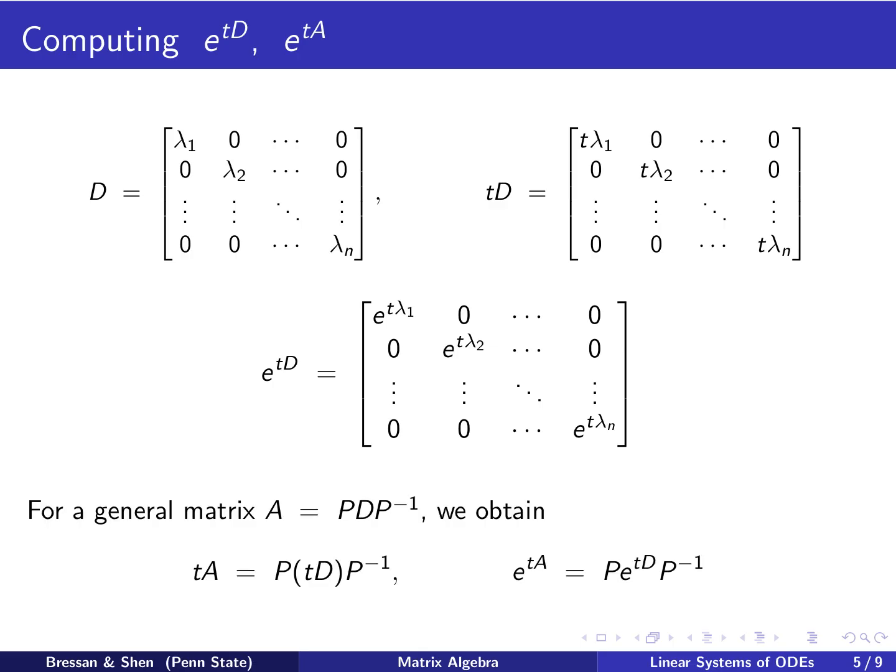Similarly for a general matrix A, which can be written like this, tA would be P times tD times P inverse, because t is a scalar number. We can multiply it on D first, and then tD will be just this matrix here. And then we can compute e to the tA by simply writing tD instead of D here.